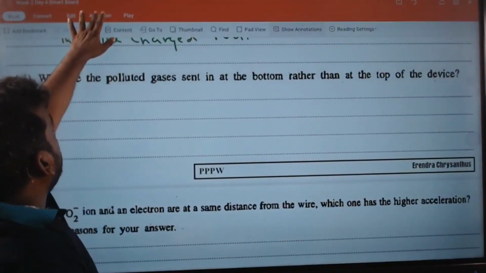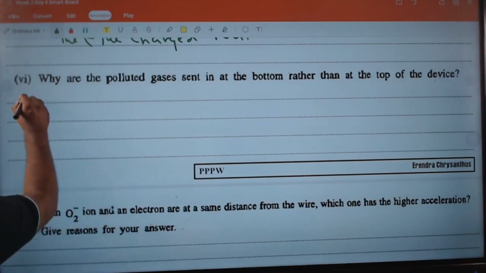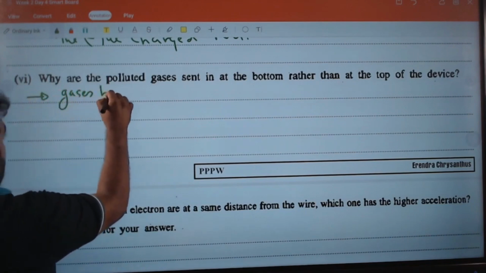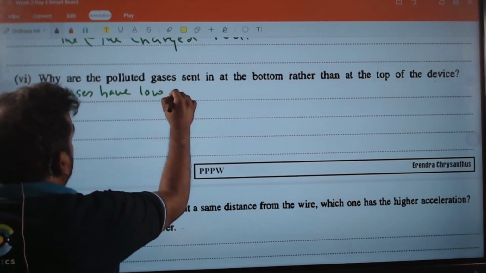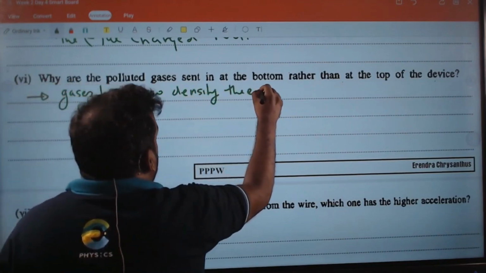Why are the polluted gases sent in at the bottom rather than from the top? So many reasons. Number one, gases have low density. They easily rise up.